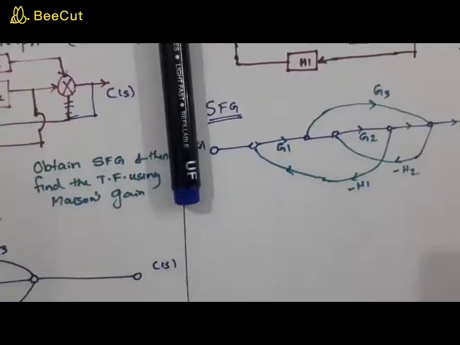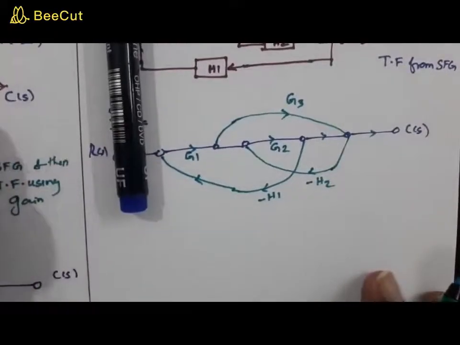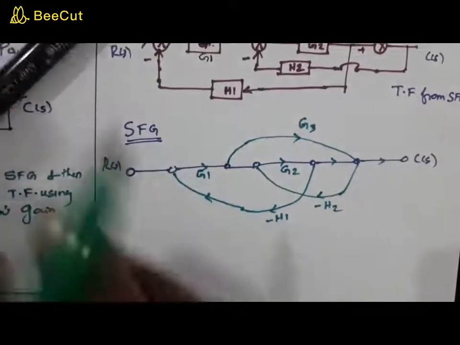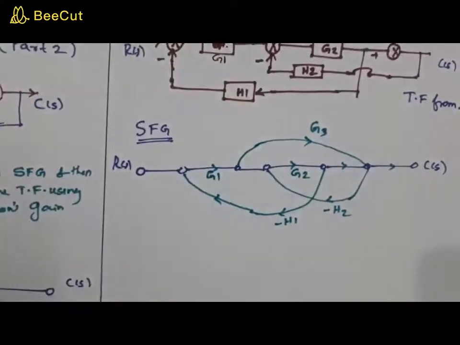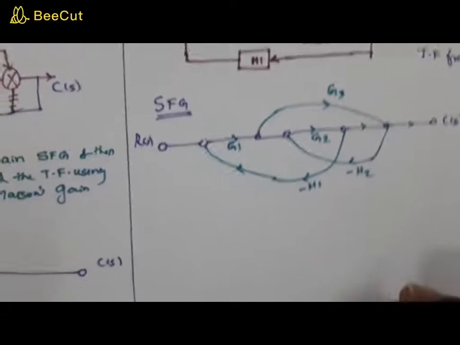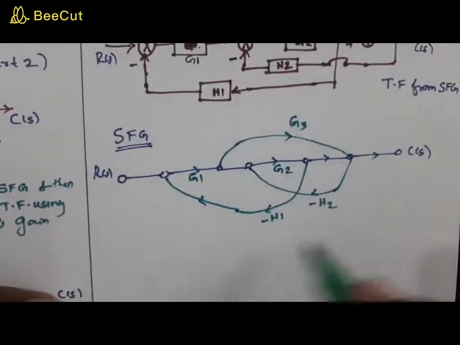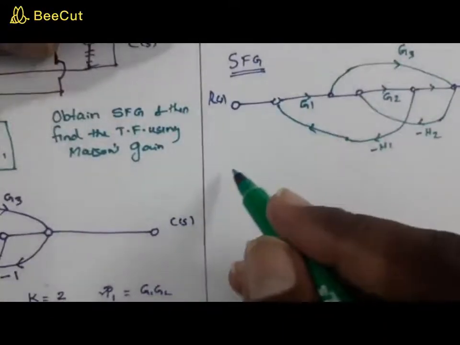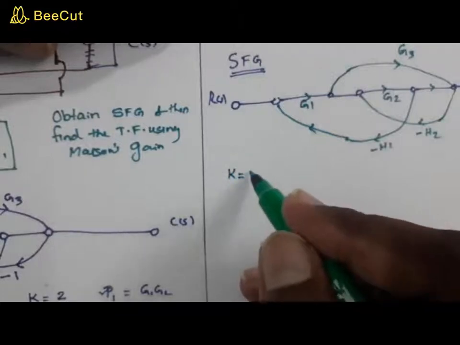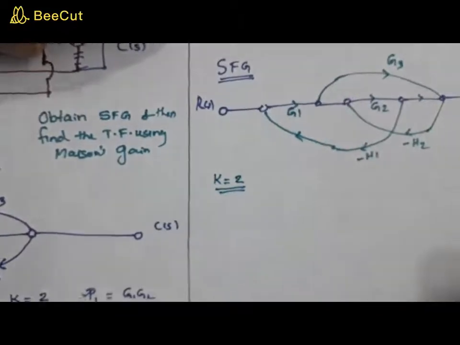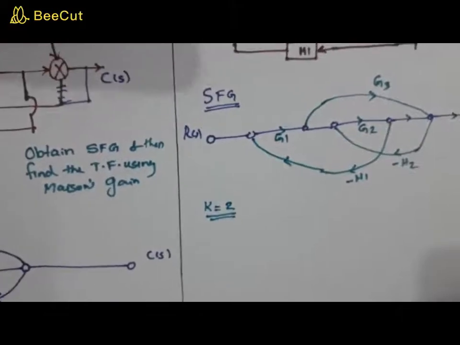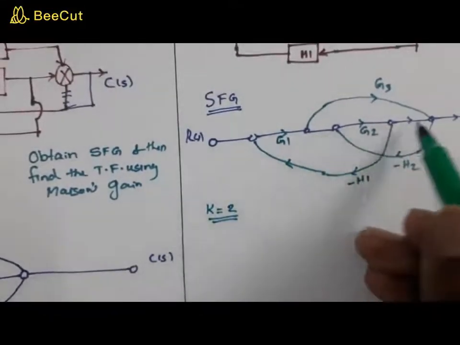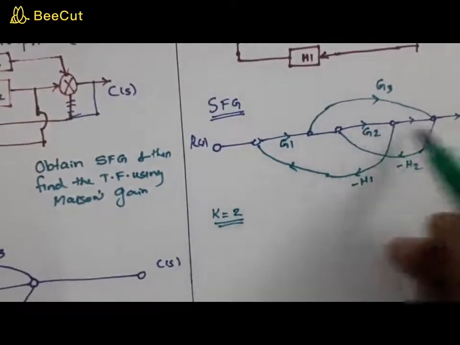Now let us find out the forward paths, the number of paths. So what is K? You know, as always, the equation is sigma Pk delta K by delta. Now we have to find out the value of K. K is actually equal to 2, right? So this one is one path, that is G1, G2.